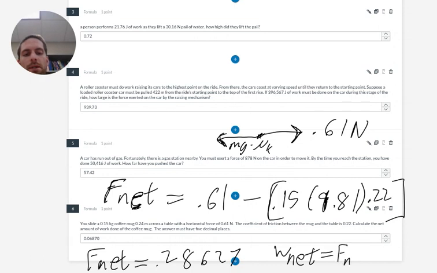by the distance. So FNet by that distance of 0.24.